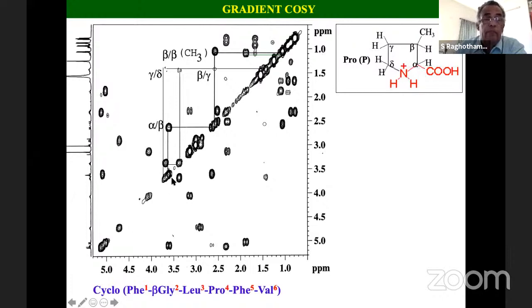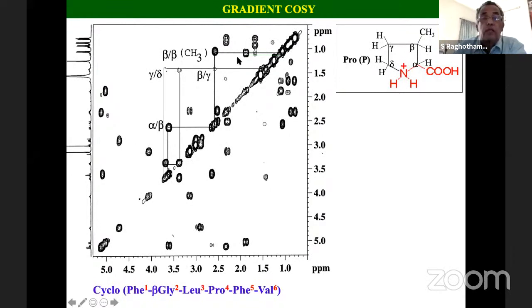From alpha, go to the beta. Now beta has a methyl connection, so you get this methyl connection. From beta it goes to the gamma, from gamma to the delta. Because it cycles around and comes near the nitrogen, the delta comes down.